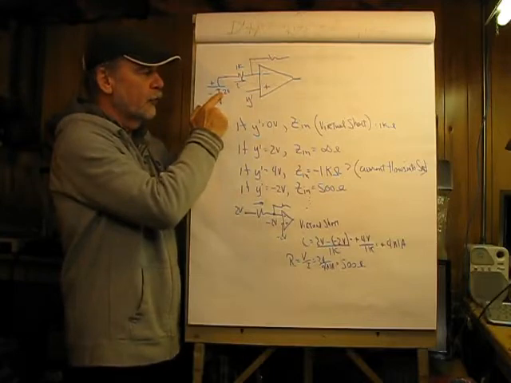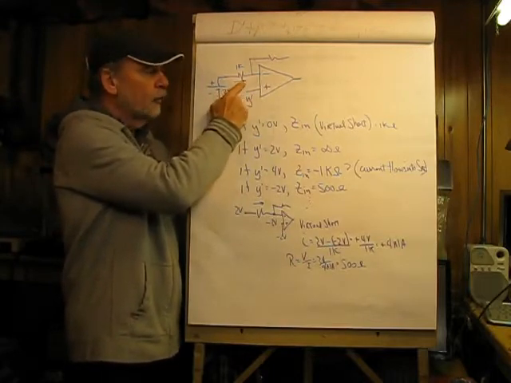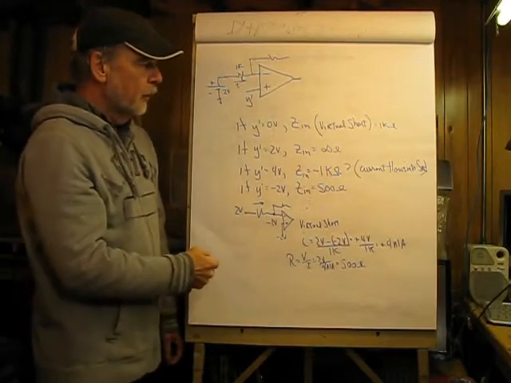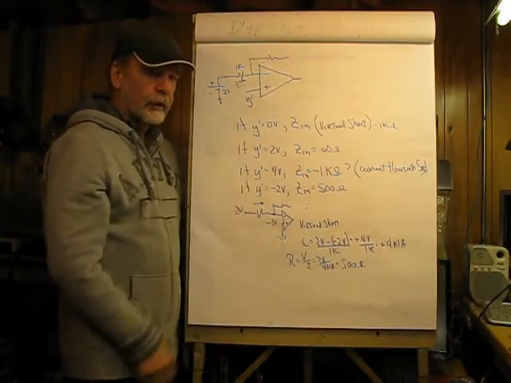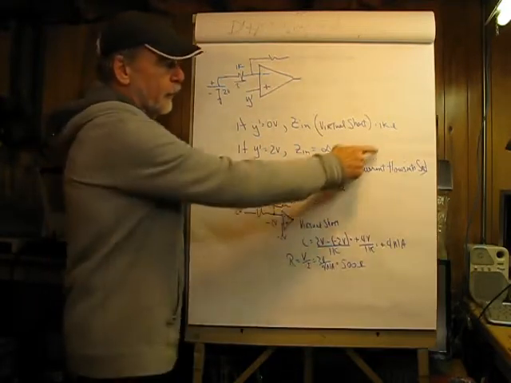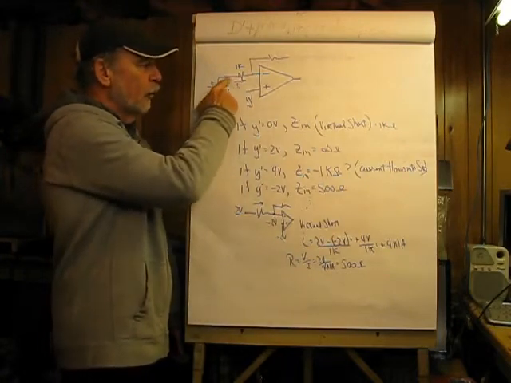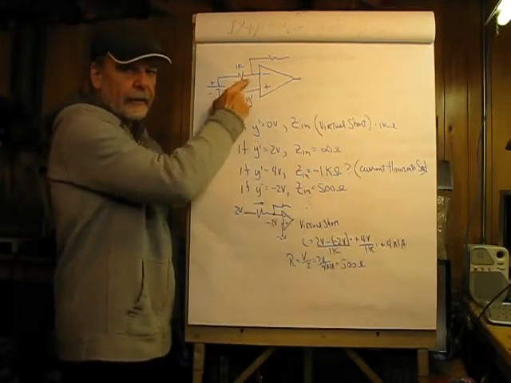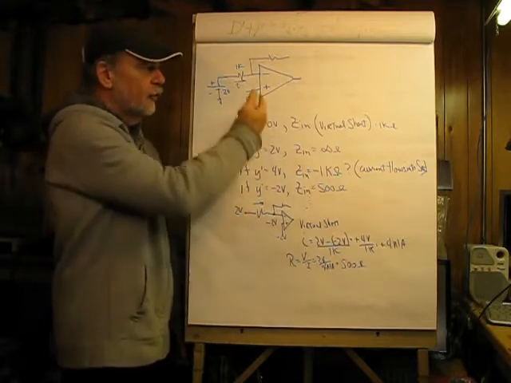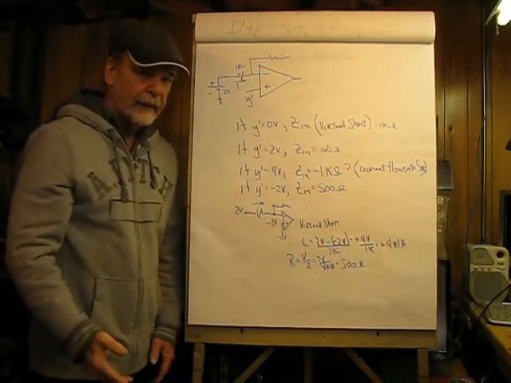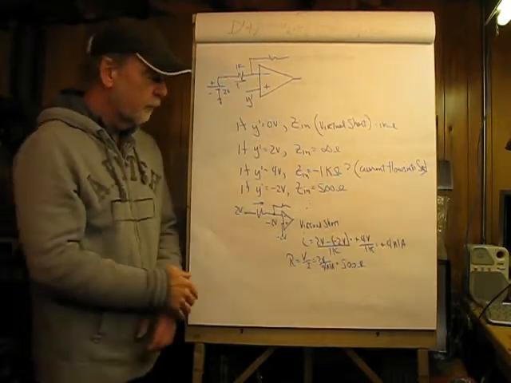So what we have is 2 minus 0 divided by 1K. So our input resistance, if we work out Ohm's law with that, straightforward, is simply the 1K resistor. It'd just be like having 2 volts and this side of 1K is connected to ground, because if it's 0 volts, ground or not, it's a virtual ground.